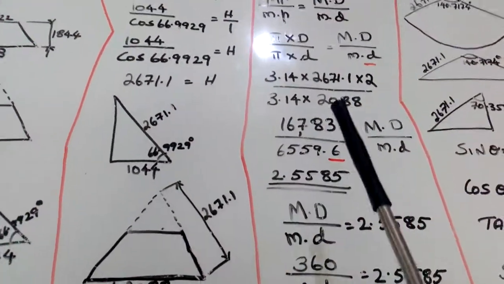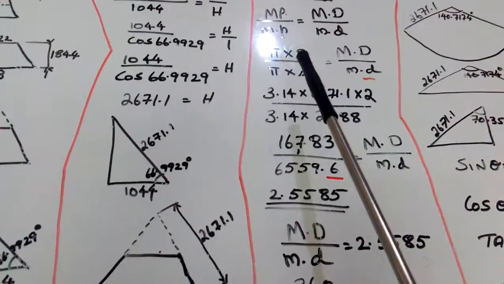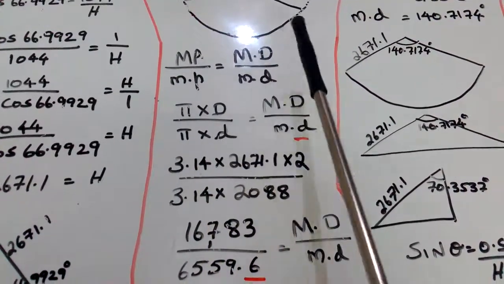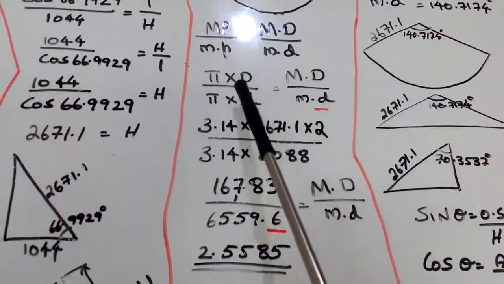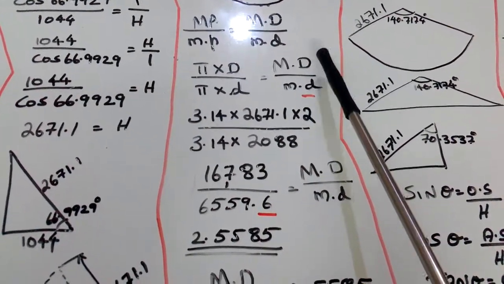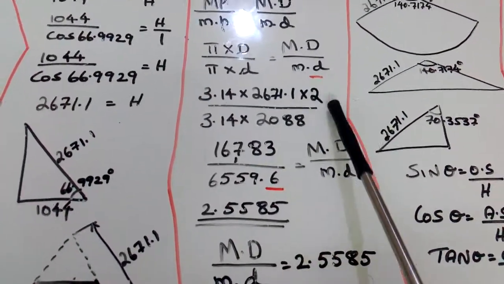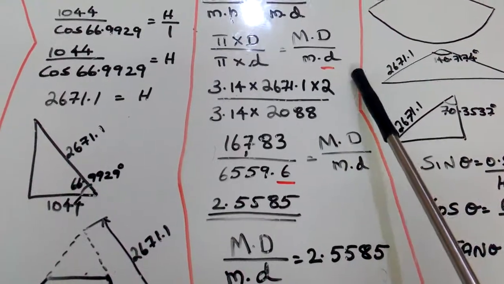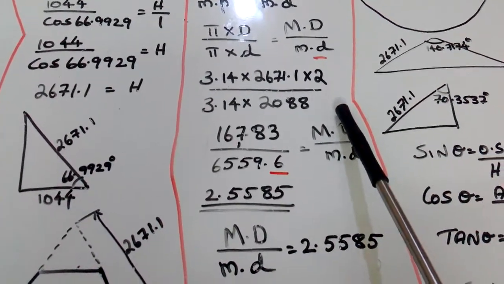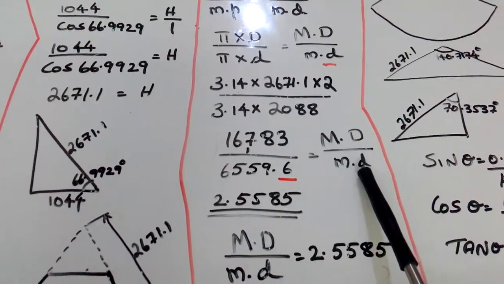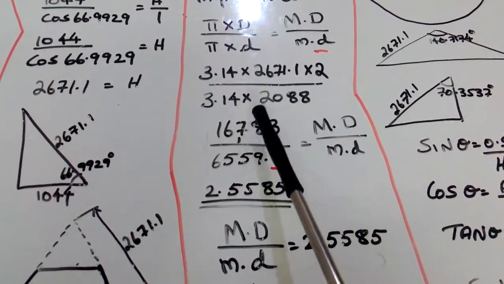So here with pi, major perimeter divided by minor perimeter, I have written major degree by minor degree. Here also with this measurement I have written major degree divided by minor degree. Here there was enough place, so I didn't write the full form.